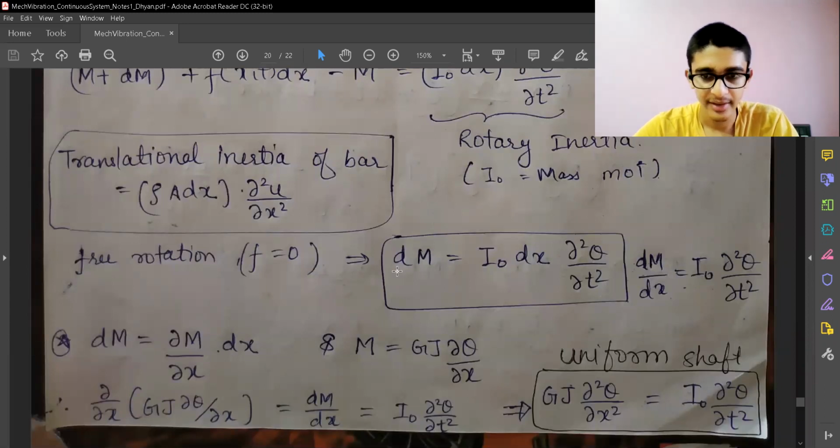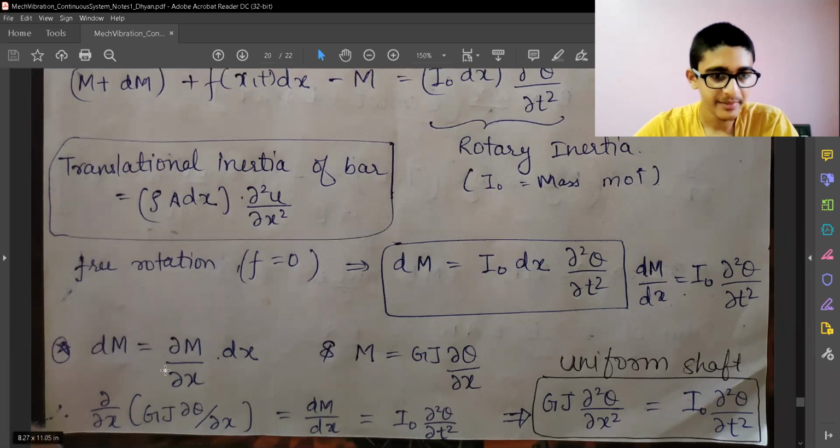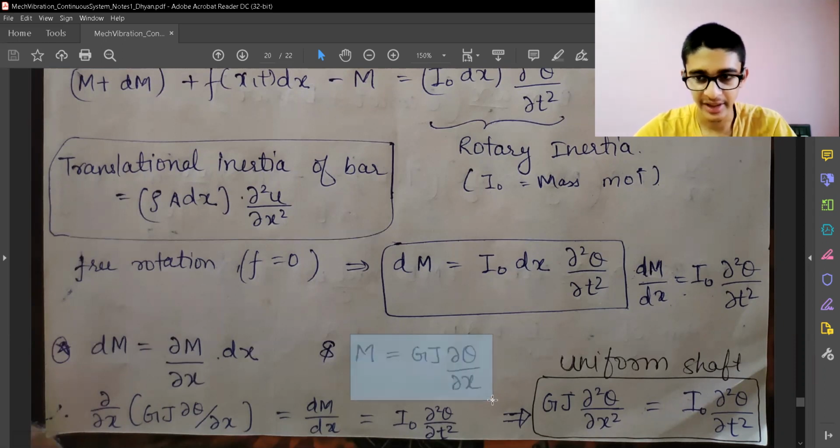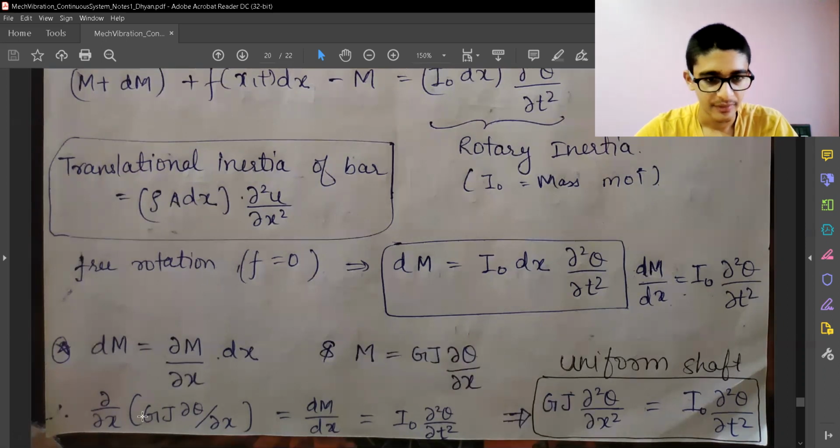I can write del M, the total change in moment, as the partial change in moment with respect to x into dx, and I already know this moment equation. For a uniform shaft, if the area is constant and GJ also remain constant, I already have the equation for M using the other theories, and now I got an equation for del M by del x, the total change in M.